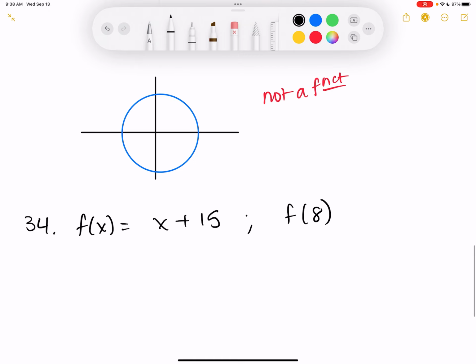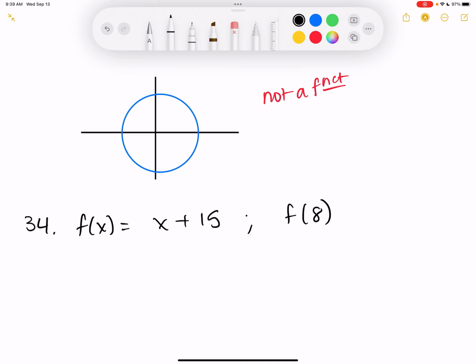So is this a line? Yes. Okay, what form is it in? Function notation. Okay, but let me rephrase. What is this? Slope plus a point for you to graph it.